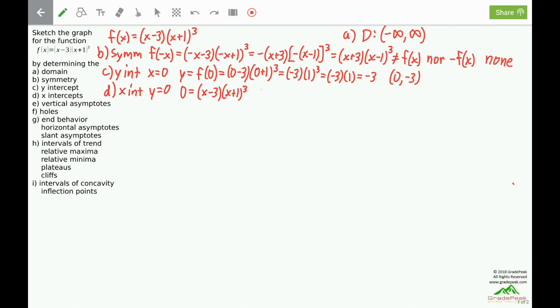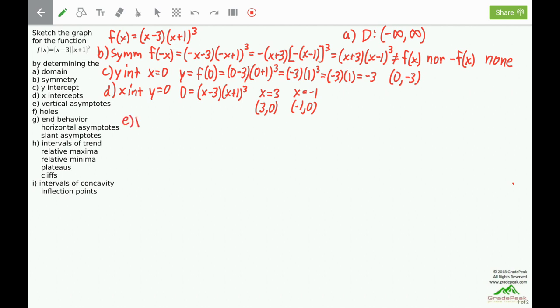Since it's fully factored, we can see the solutions x equals 3 from the x minus 3 factor, and x equals negative 1 from the x plus 1 factor. The y-coordinate is 0, and these are the corresponding x-coordinates. So we have (3, 0) and (negative 1, 0) as the two x-intercepts.